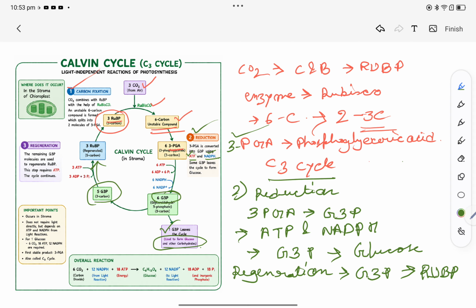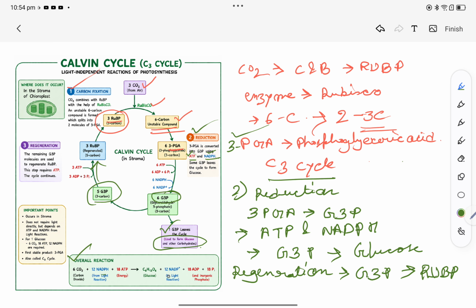So this is a very simple explanation of the Calvin cycle, and you can get the flowchart from here. The overall reaction is given here: 6CO2 plus 12 NADPH, 18 molecules of ATP are used, glucose is produced, and NADP plus is produced.